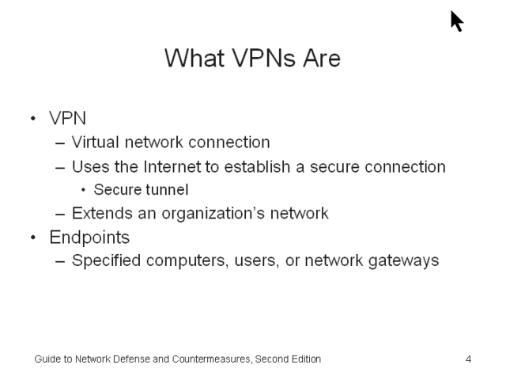So the VPN can be broken down into its constituent components. The first, it's a virtual network connection. One of the ways to ensure that somebody can't listen in on your connections is to have a leased line. And a leased line means that you're paying a lot of money and you've got your own line that's connected from one point to another.